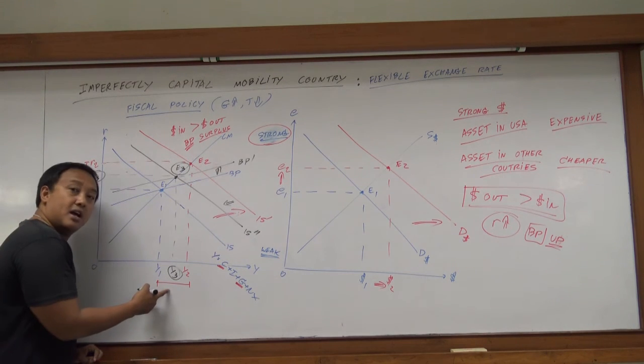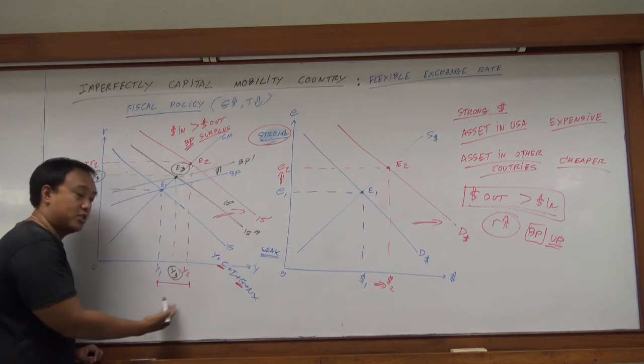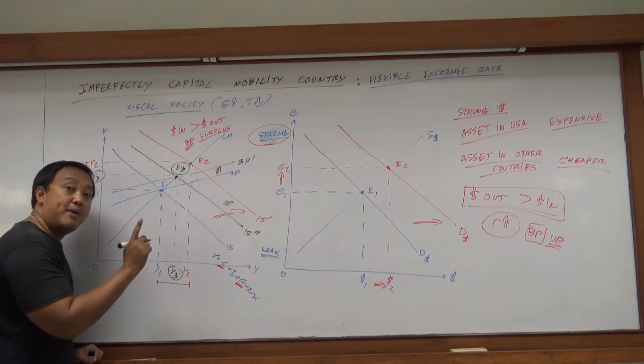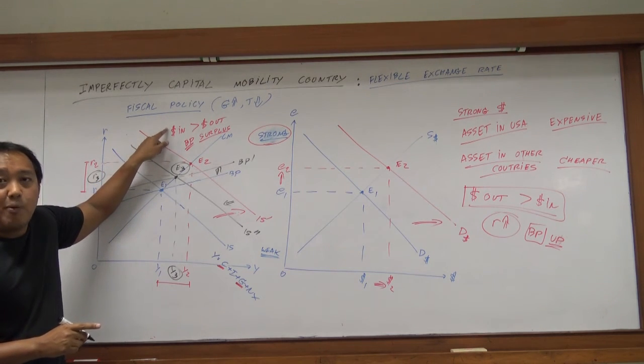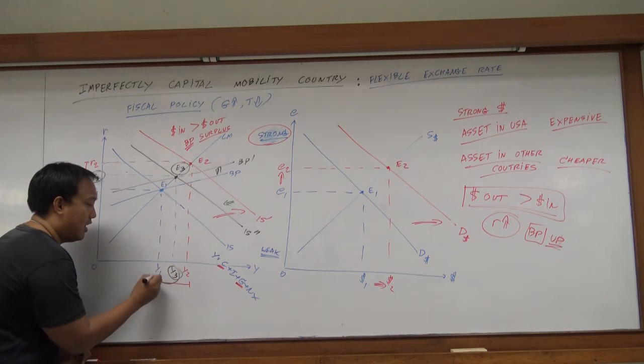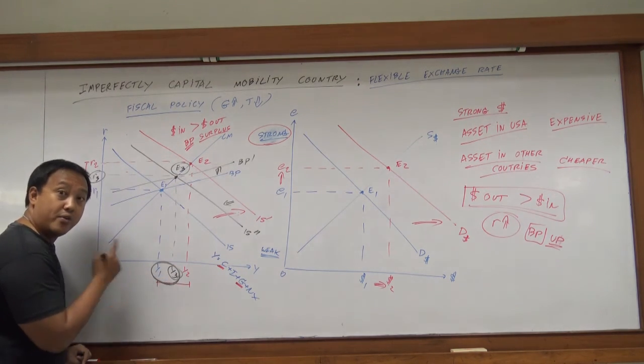However, in this case, GDP that used to increase from Y1 to Y2 is now going backward to Y3. It means that the effect of the fiscal policy is smaller than usual. It's only increasing from Y1 to Y3.